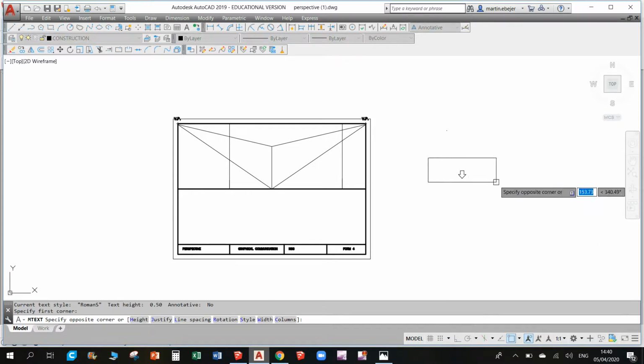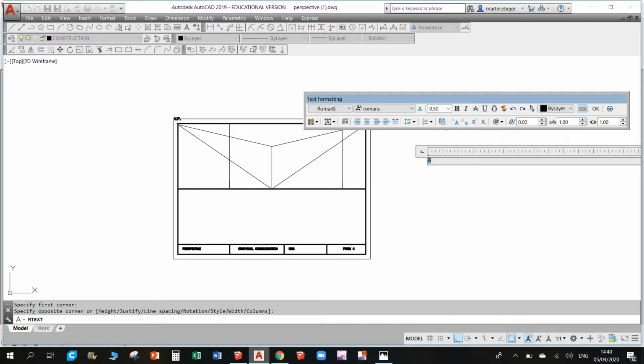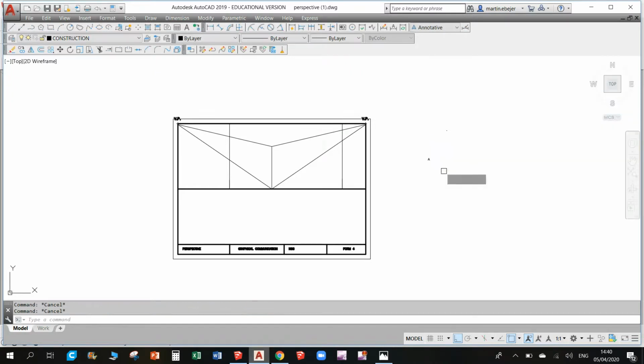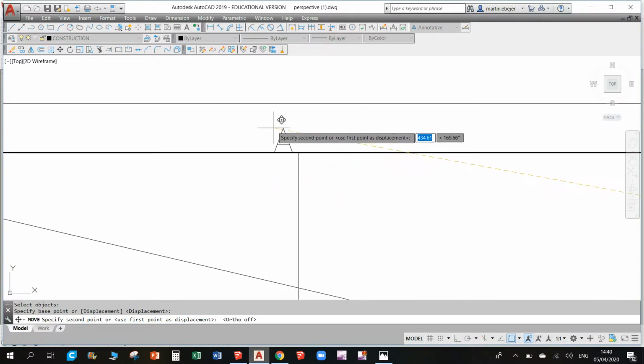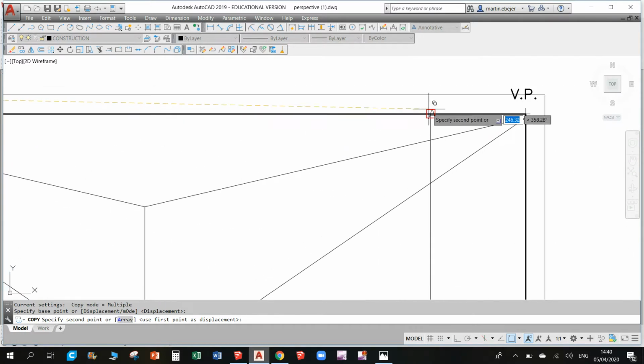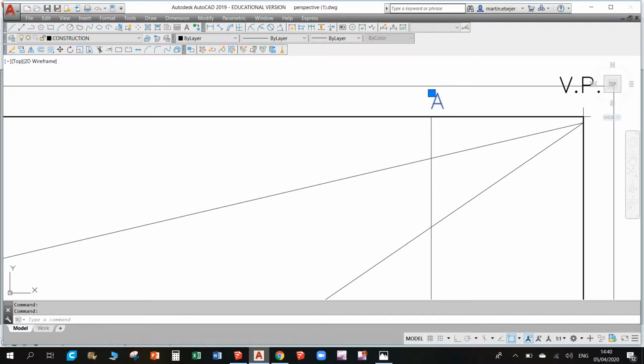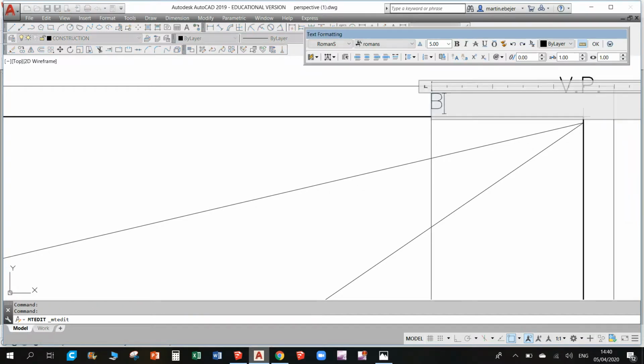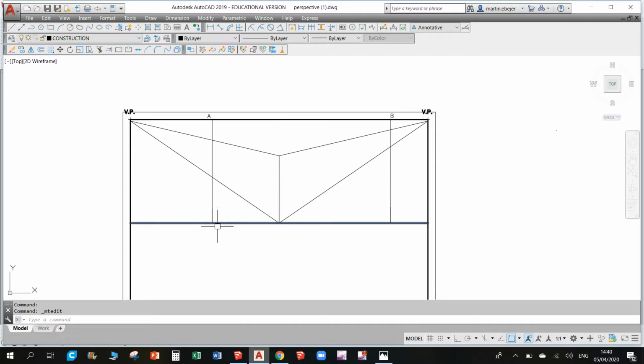So here I'm gonna call it A, this is my point A, and this one I'm gonna call B. So for now the situation is quite straightforward. We put the measurements on the horizontal line, we direct them to the line joining VP1 with VP2, and we have A and B. Second step is we need to find the midpoint.